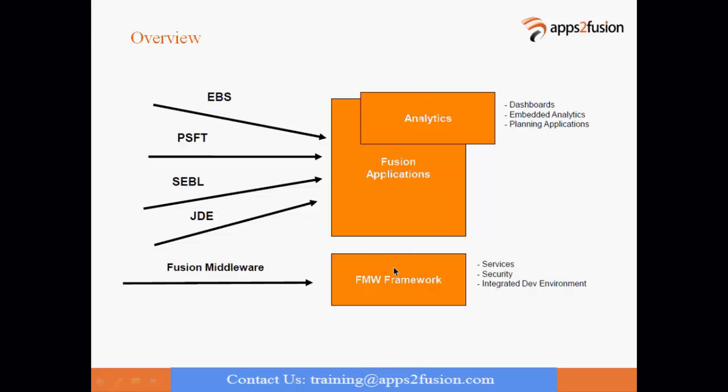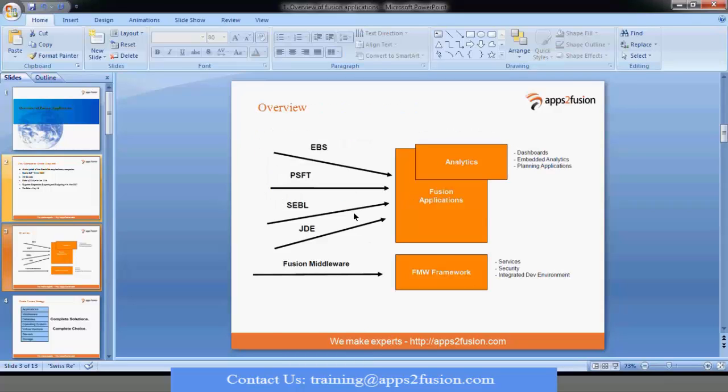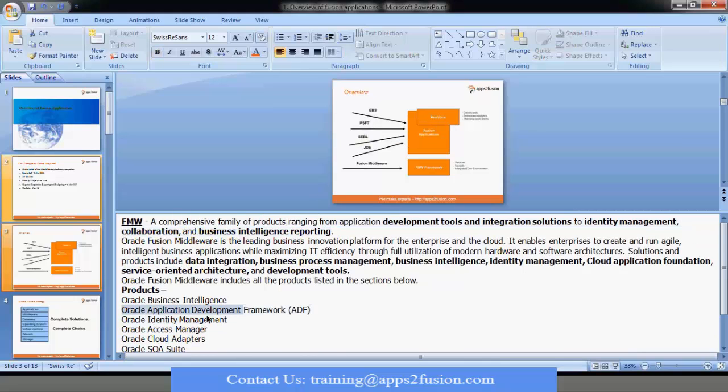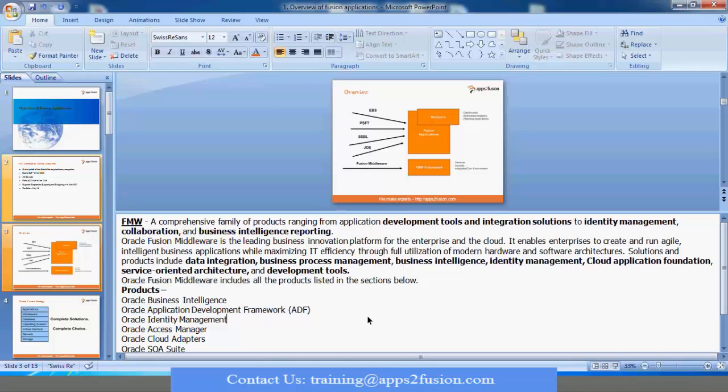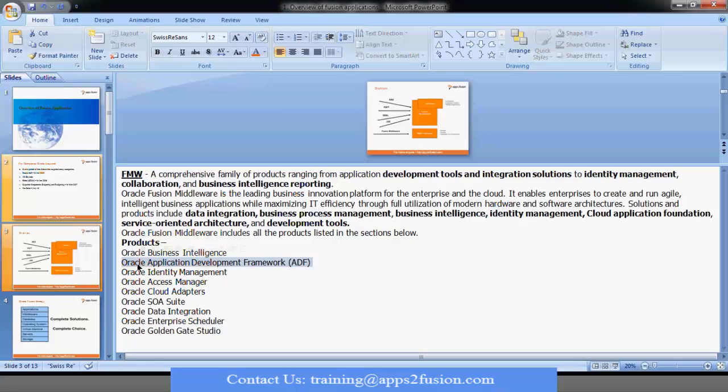Then you have something called Fusion middleware. Oracle is a very huge application, and it has certain middleware components like Oracle Identity Manager, Oracle Access Manager, and Business Intelligence. Then you have the Application Development Framework, which is used to develop web pages in Fusion applications, like we had Oracle Application Framework in EBS. ADF technology is used to develop custom pages in Fusion applications.